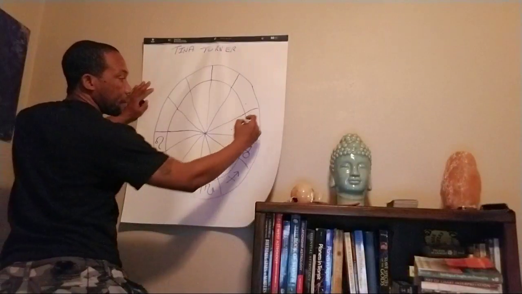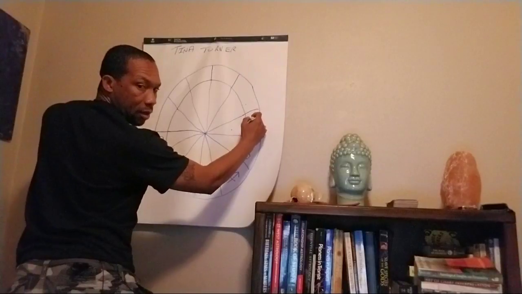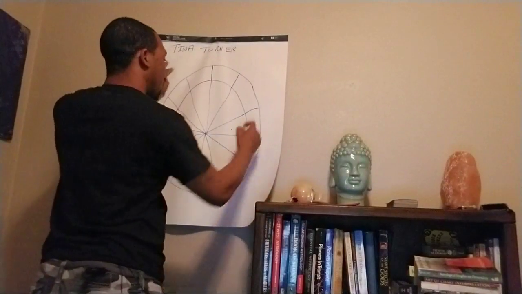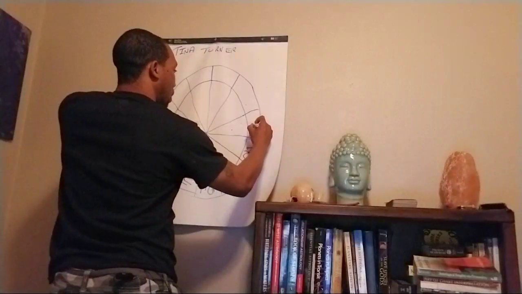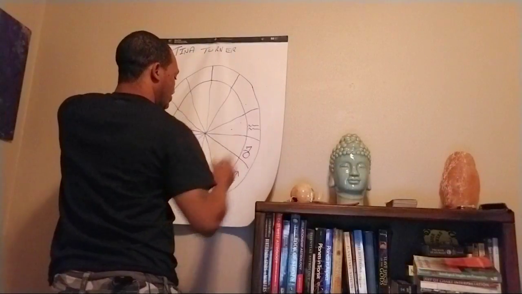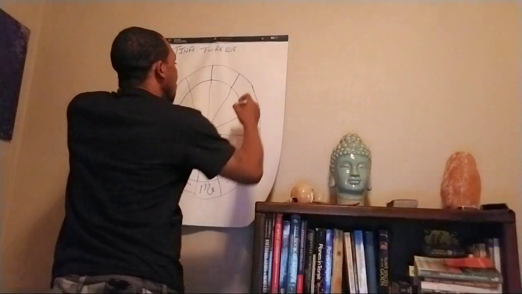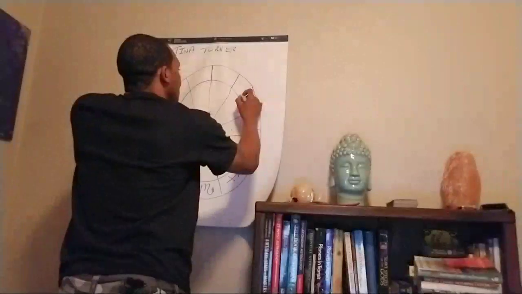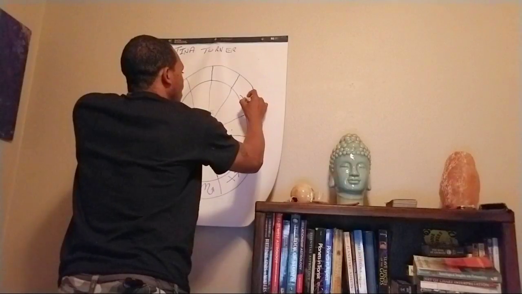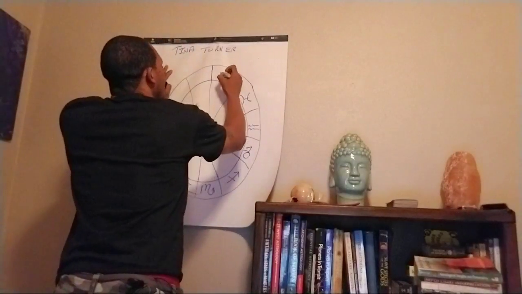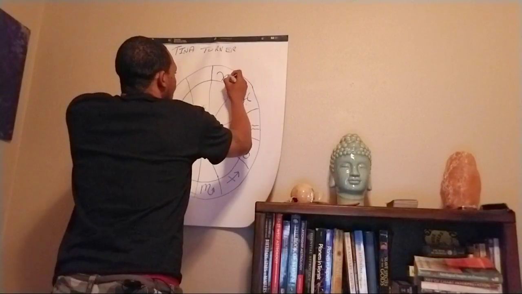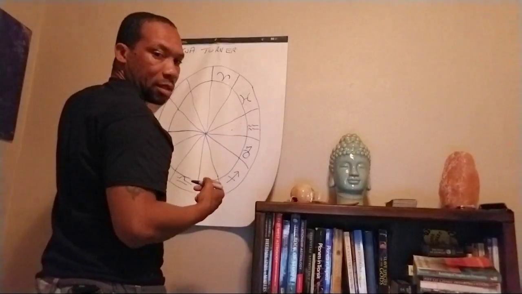After that is Aquarius. Let me just make sure we got it right. Yeah, so it's Aquarius, and then Pisces, and you draw like two fish, so it looks like this, line like that. Then you have Aries, which is like the ram's horn.